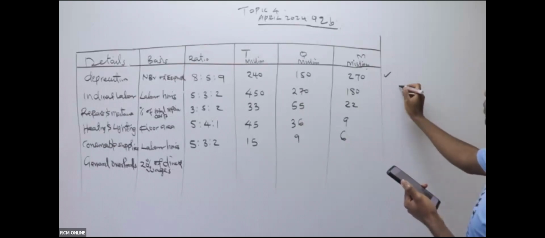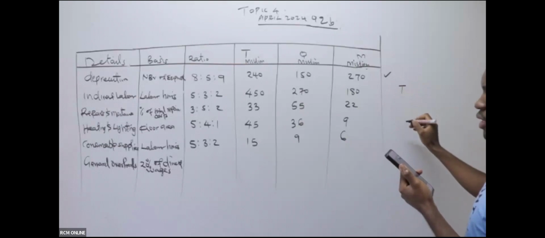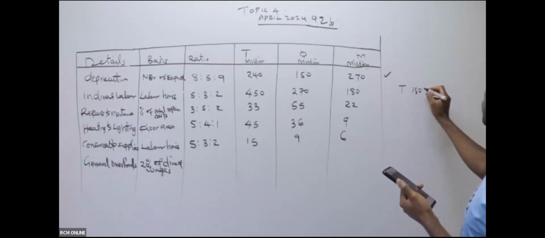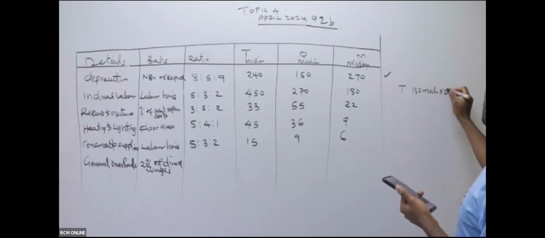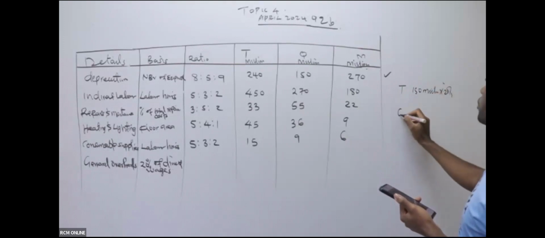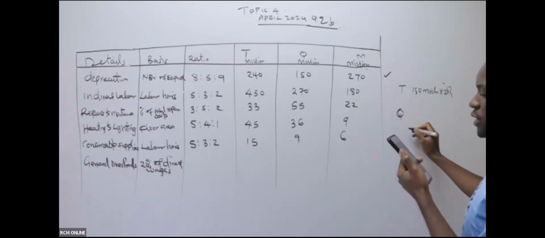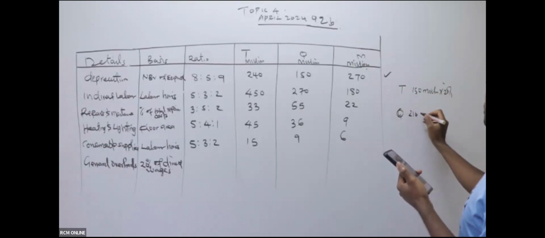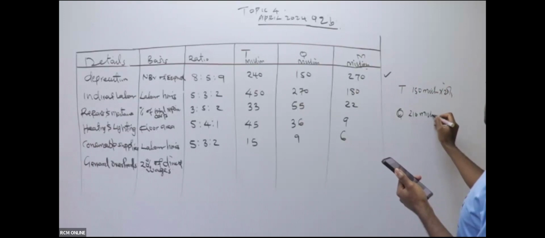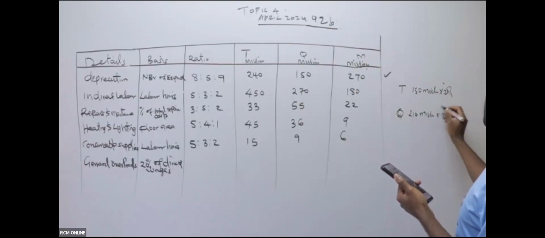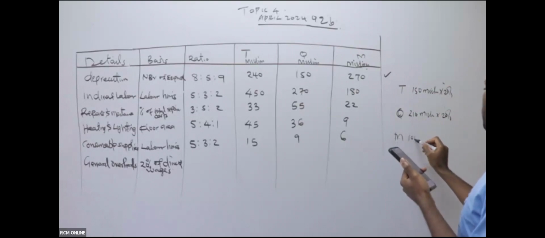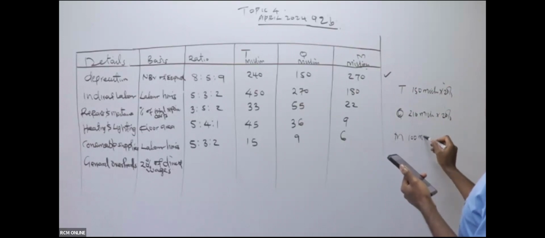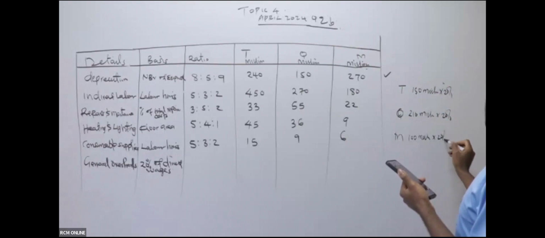So T has got 150 million. And we are told you only need to take 20% of it. Q has got 210 million. And we need to take 20% of it. And of course, M has got 100 million. And we need to take 20% of it.